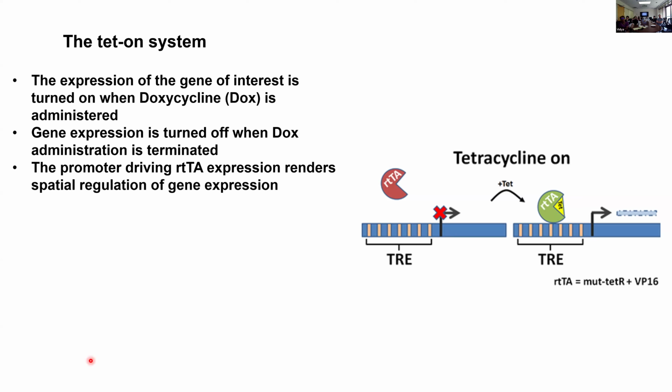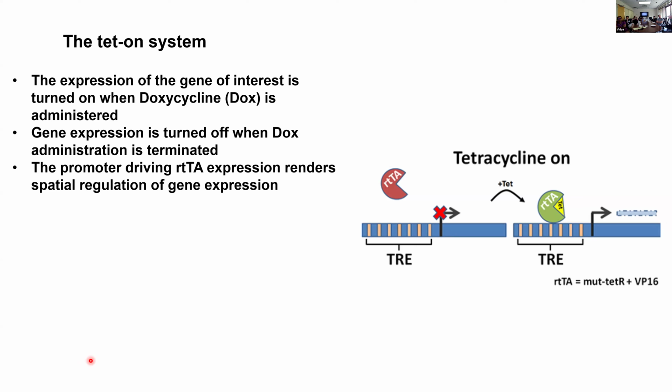Both of these have good and bad. It really depends on what you want to do and what's more convenient for you. If you want to study an animal at 1 year or 8 months old, you want gene expression to turn on at that time.